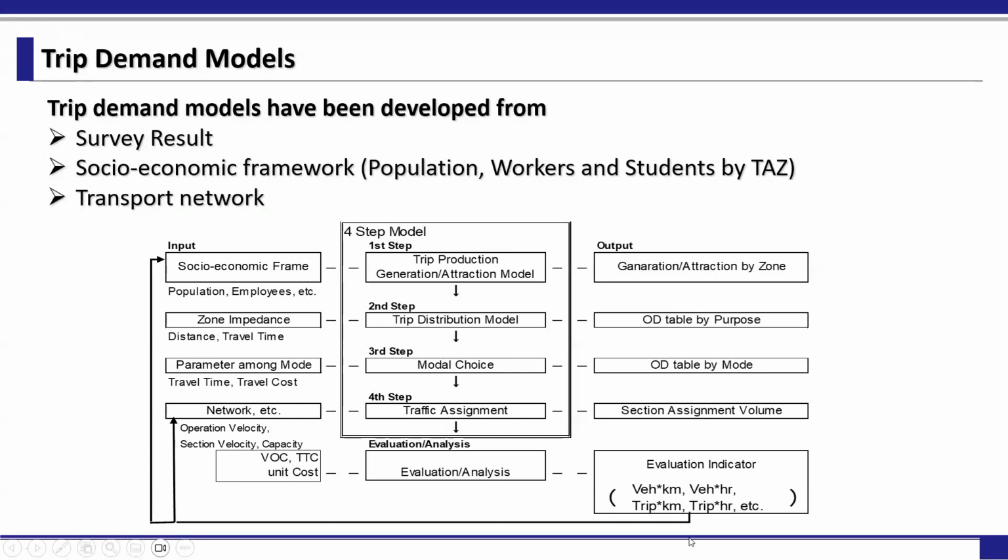Then, if some transport project, including BRT or expressway, is developed, how will the vehicle kilometers, vehicle hours, trip kilometers, and trip hours change? This is considered as the economic input of the transport project. So the system must be implemented in this system. A chain of conclusions can be exported from this transport trip demand.